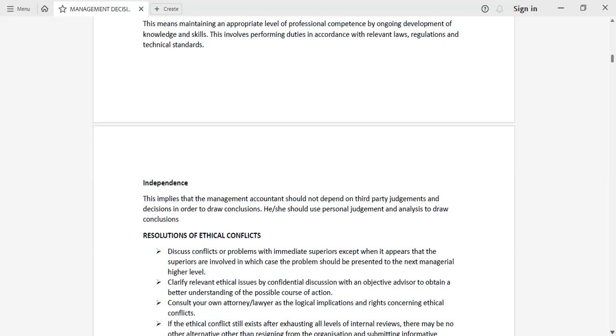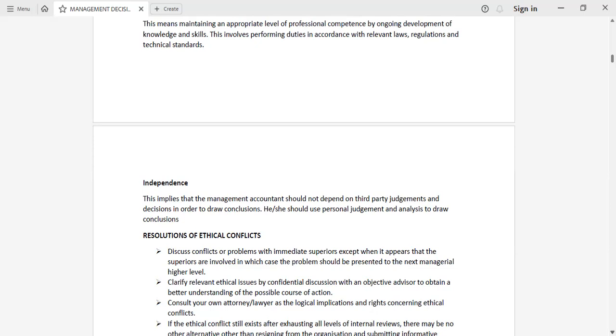In other words, the management accountant should always draw his personal judgments and analysis, and draw the conclusion from them. First analyze before you make a move.